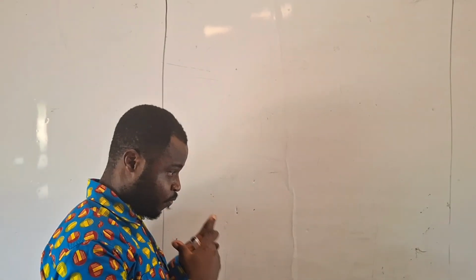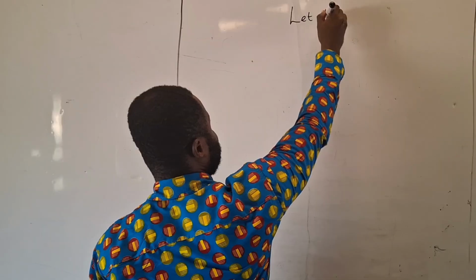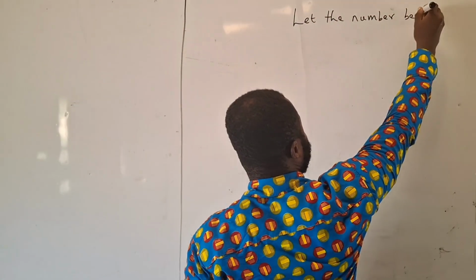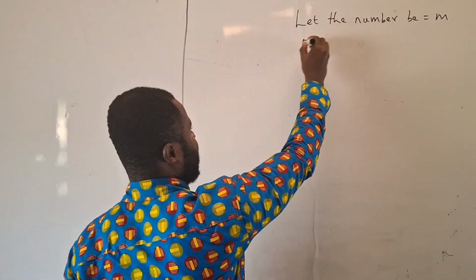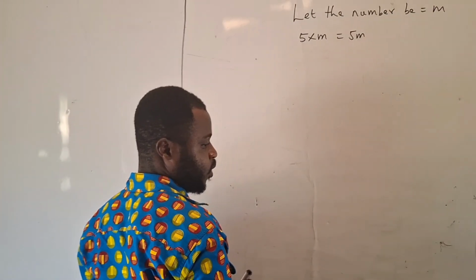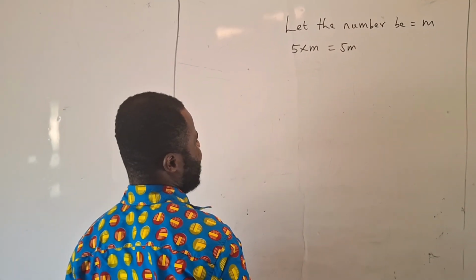It said 5 times a number. So once again, let the number be m. So 5 times a number, we can say 5 times m, which is the same as 5m. So 5 times a number is 4 more than the number.